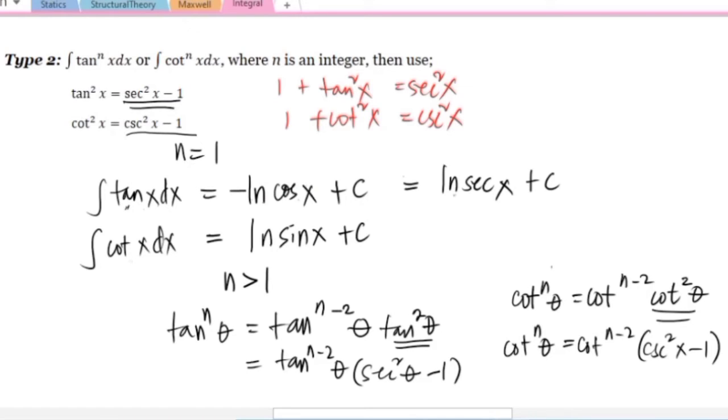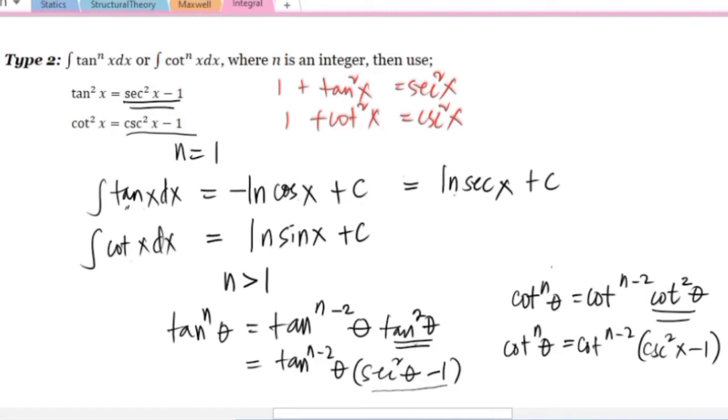And if n is greater than 1, there is no restriction whether this is odd or even. Basta siya ay greater than 1, what we have to do is to factor out the tangent square for tangent and express this tangent into secant using the identity tangent square theta is equal to secant square theta minus 1.